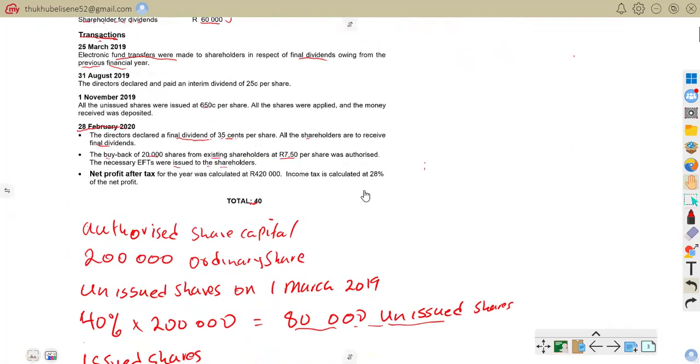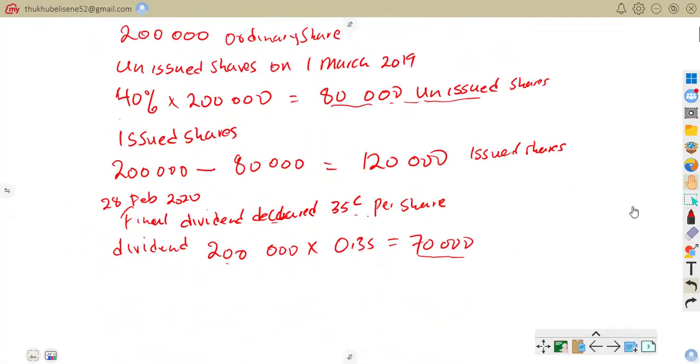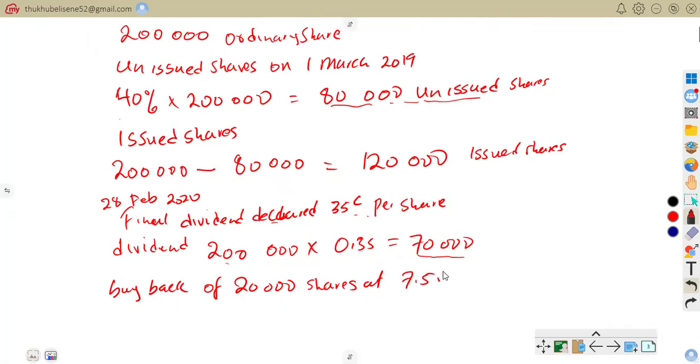That is how simple it is. So the buyback of 20,000 shares at 7.50 Rand is going to be 150,000.